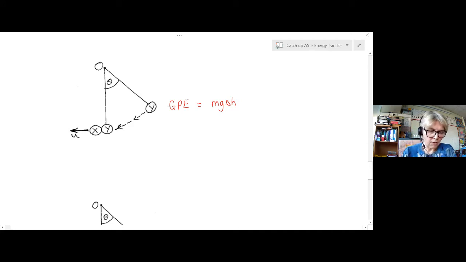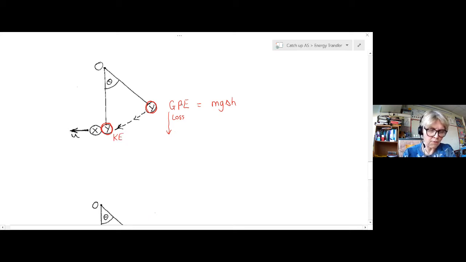Once we release ball Y and it knocks into X, at this point we'll have no more gravitational potential energy. So the gravitational potential energy that it has here will be lost, and that will get converted into kinetic energy. So all of that gravitational potential energy will convert into kinetic energy.